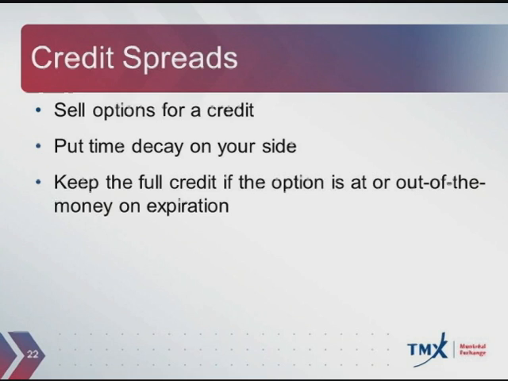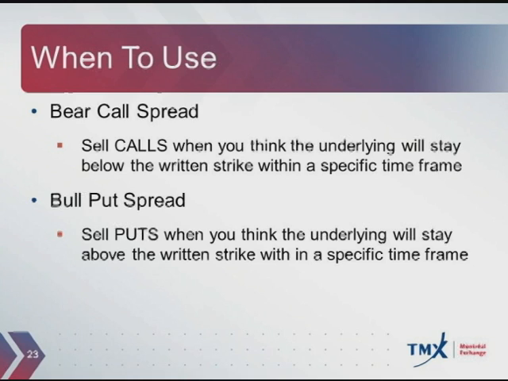The challenge, of course, is that for the opportunity to collect that full credit on expiration, provided that it's out of the money, if we just simply sold the option contract on its own, we have an unlimited and unidentifiable risk exposure, and the broker is going to require us to put up a substantial amount of margin in order to hold that position, because we've ultimately created an obligation to buy the stock at a certain price no matter how low it goes.